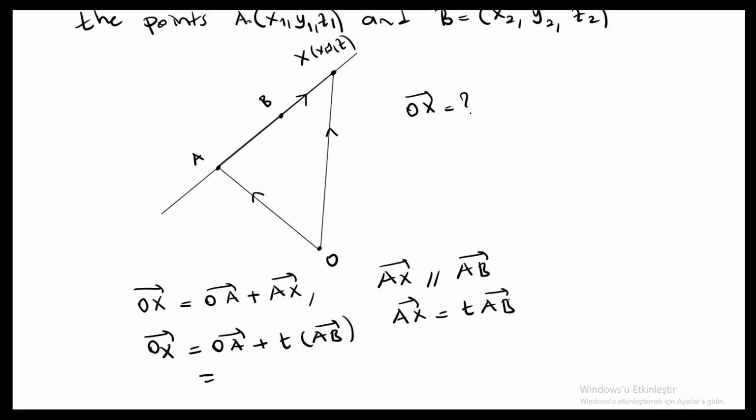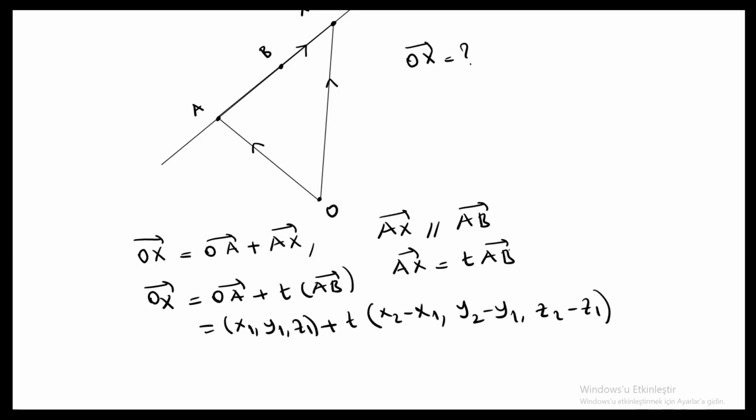So this is (x1, y1, z1) plus t times (x2 minus x1, y2 minus y1, z2 minus z1).